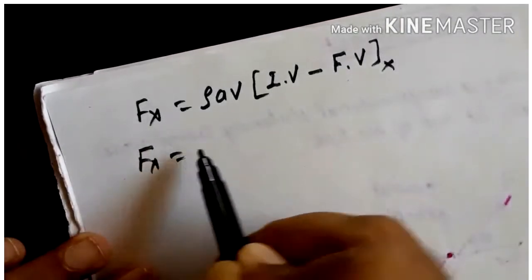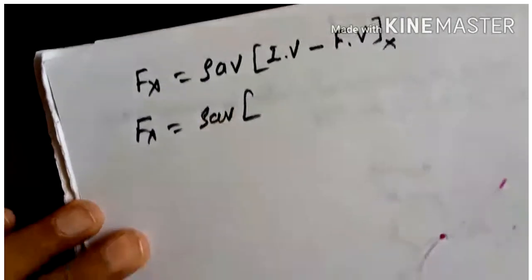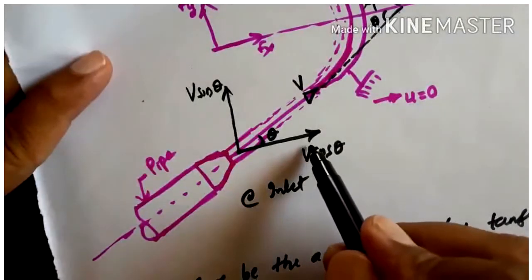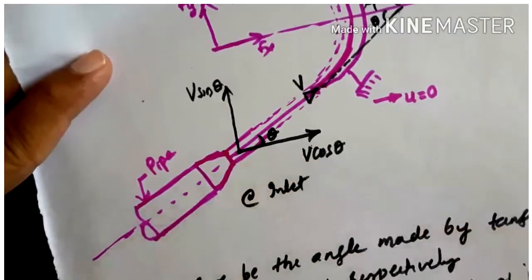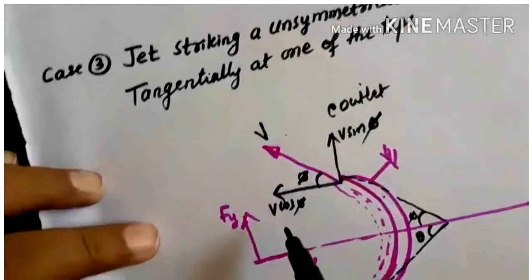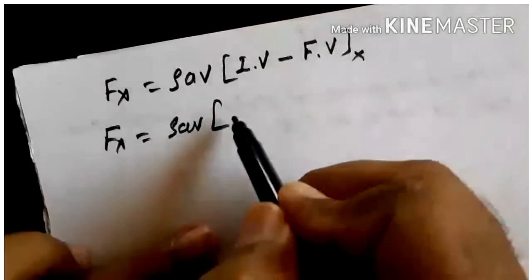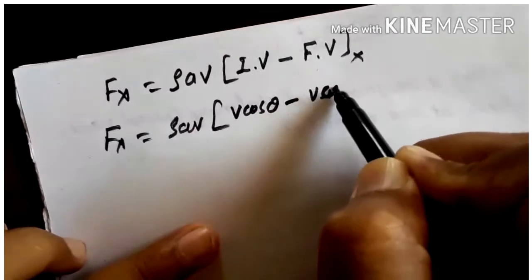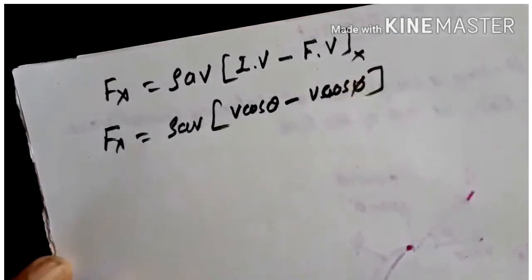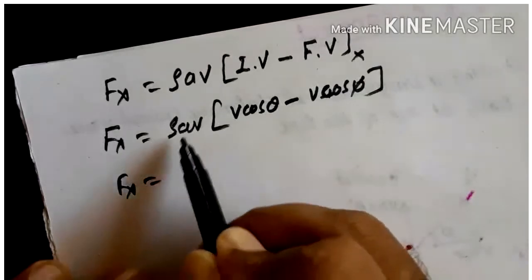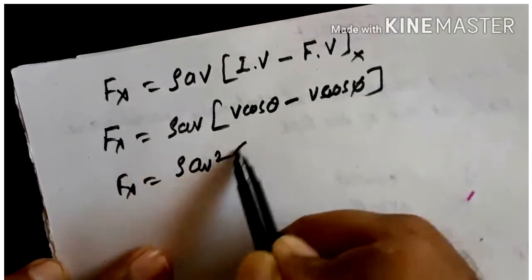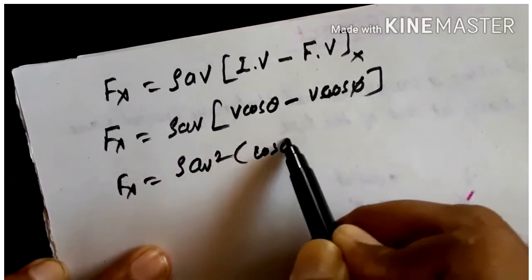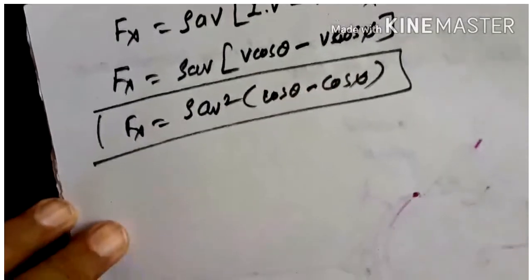Then Fx will be rho a v, into initial velocity of jet in x direction, that is v cos theta, minus final velocity v cos pi. Then we get Fx equal to, taking v out, rho a v square into cos theta minus cos pi. This is the equation we get.